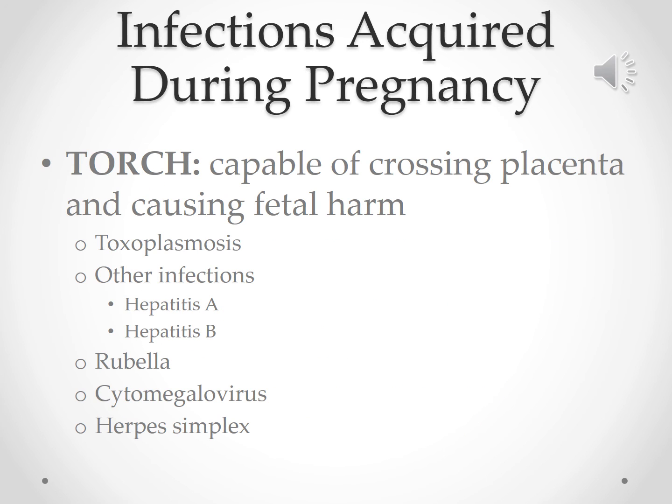Okay, so we're going to look at infections acquired during pregnancy. Sexually transmitted infections are responsible for significant morbidity and mortality in pregnancy. There are more than 20 known STIs that affect pregnancy outcomes.